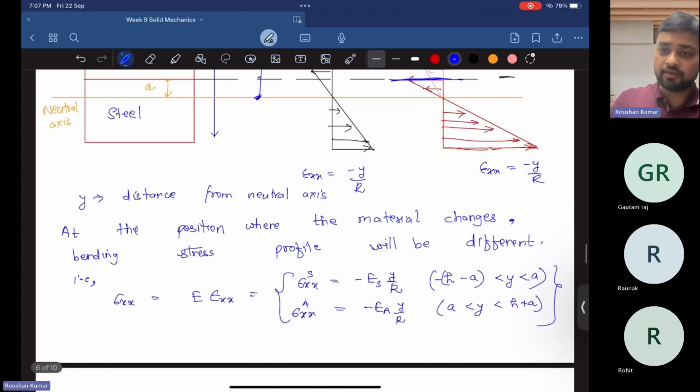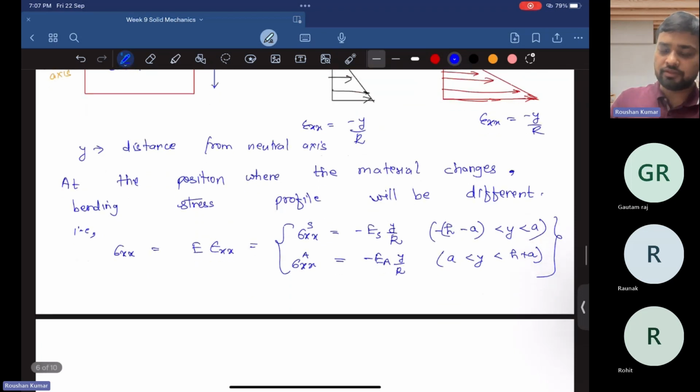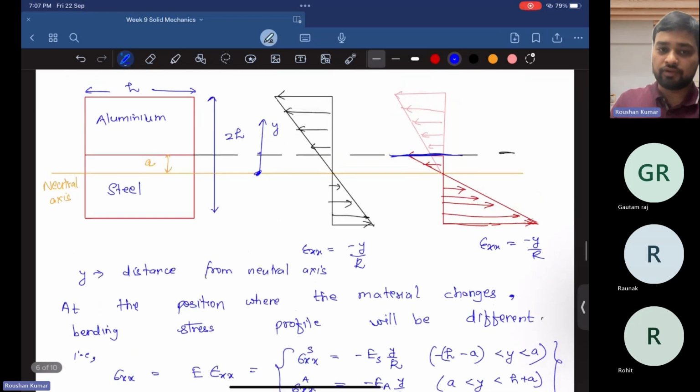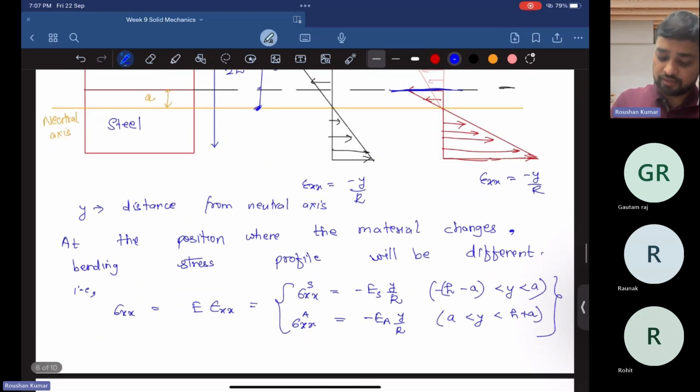Here the main problem of this question is to find the location of the neutral axis. It is a case of pure bending, and we have only one unknown, that is a, the location of the neutral axis from the centroid of the cross section.